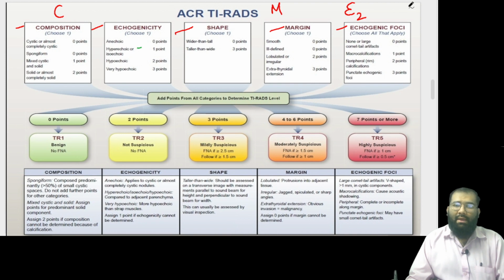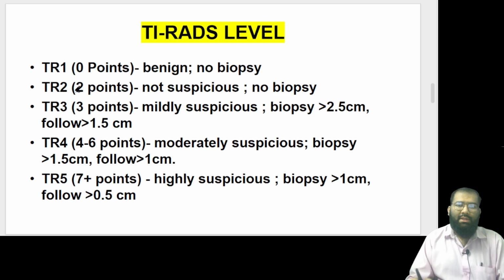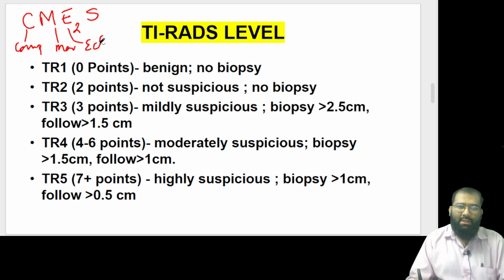And S is the shape of the lesion. So all these 5 components can be easily remembered by using the mnemonic CMES. C is the composition, M is the margin, E is the echogenicity and echogenic foci, and S is nothing but the shape of the lesion.